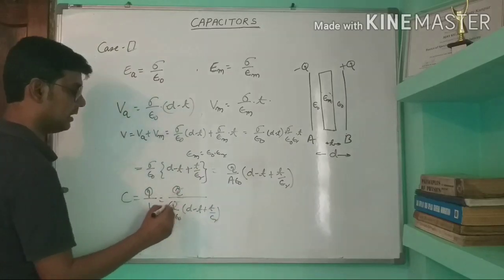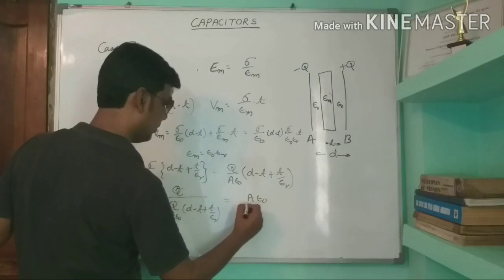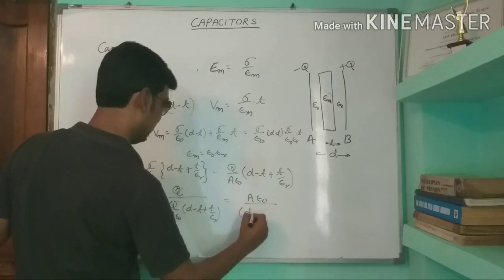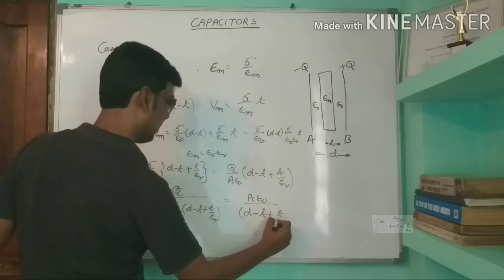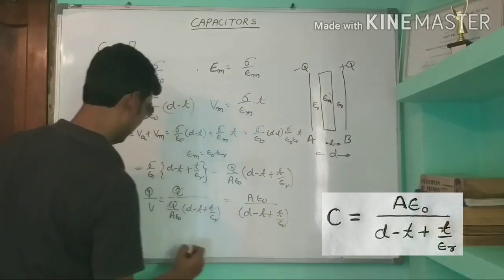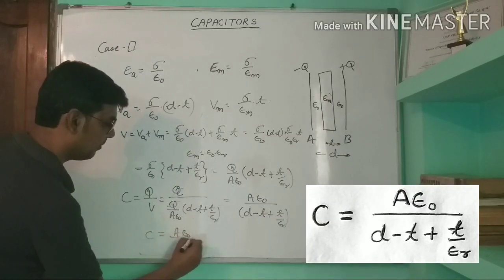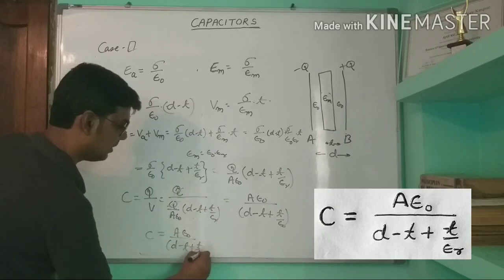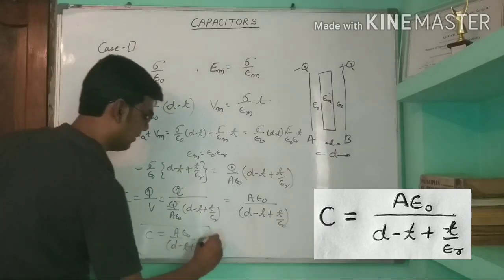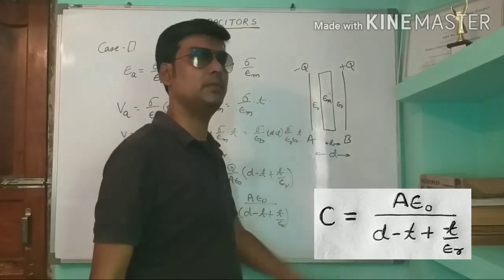So Q cancels, and finally C equals A epsilon 0 by d minus t plus t by epsilon r. This will be the value of capacitance if there is a dielectric in between.